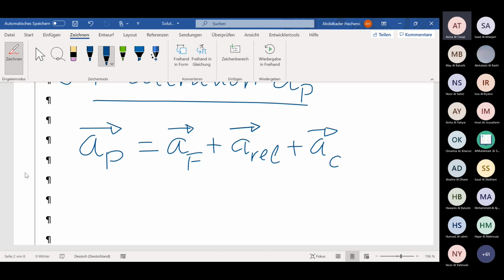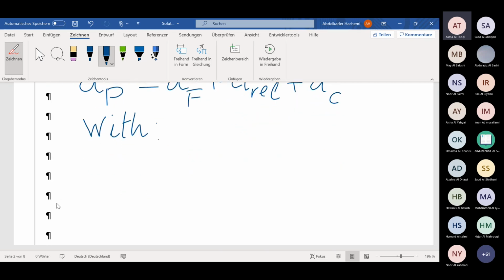Now we return back to the slides. Each term is defined as follows.